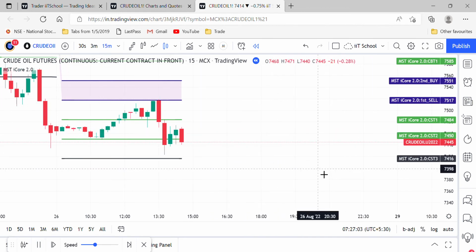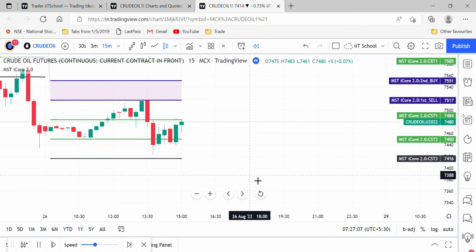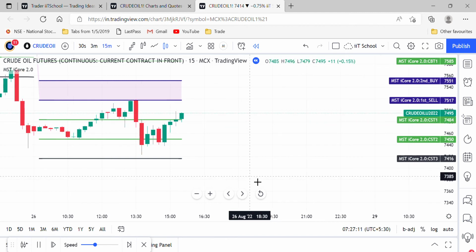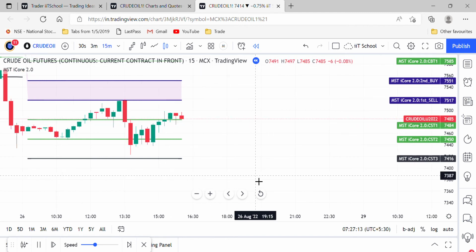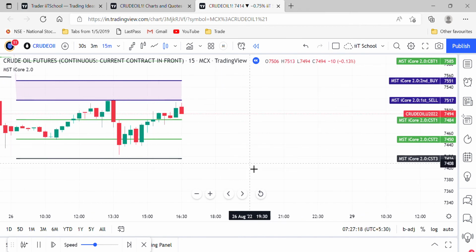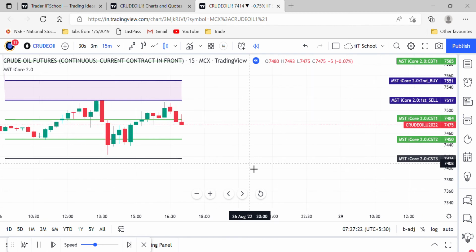Once the first target is achieved, you can keep the stop loss to cost. Once the second target is achieved, you can keep the stop loss to the first target. Likewise, you can keep changing your stop loss. If you are comfortable booking only at the first target and exiting the market, it is well and good. It is up to you.